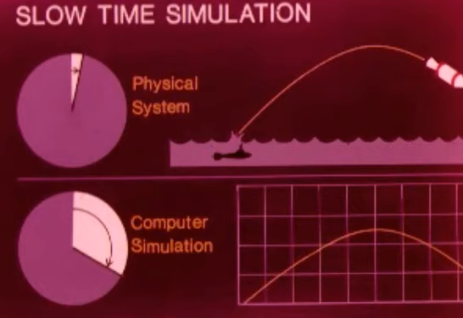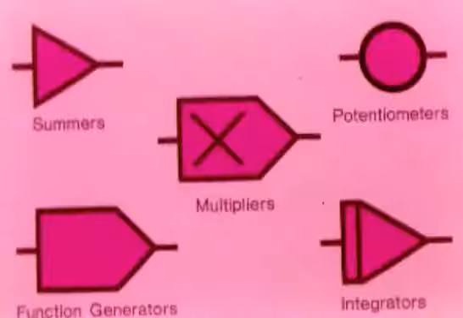Thus, we see that the solution time is independent of problem complexity. The programmer may select any convenient operating time. The analog computer, then, is composed basically of summers, multipliers, potentiometers, function generators, and integrators. Parameter and other constant values are put into the computer by means of the potentiometers.